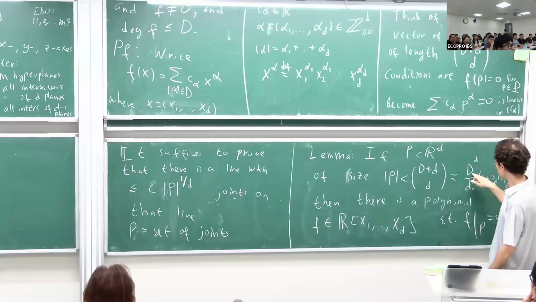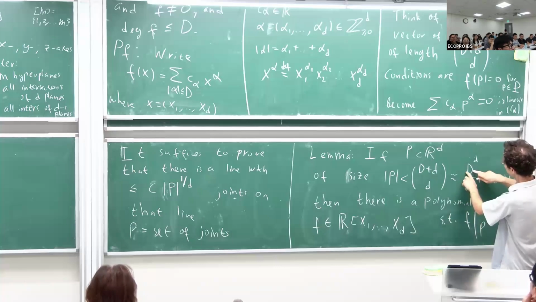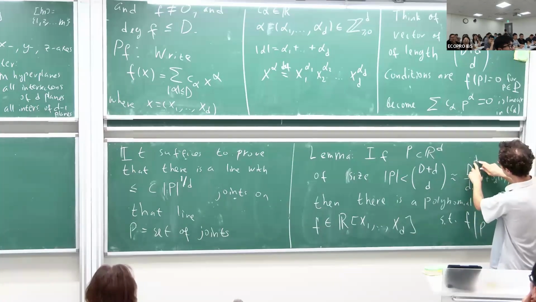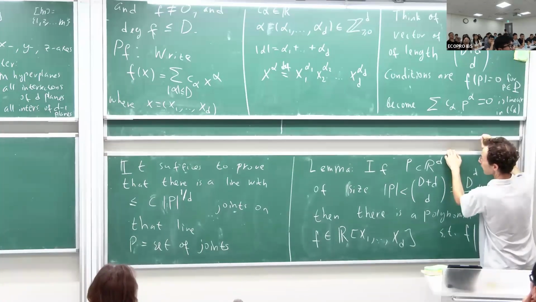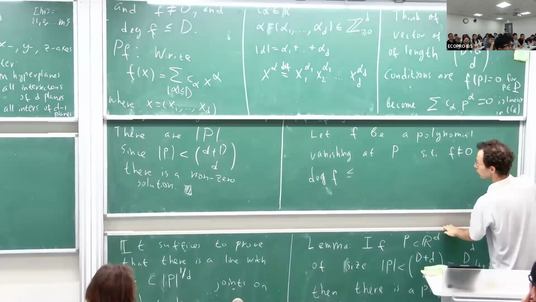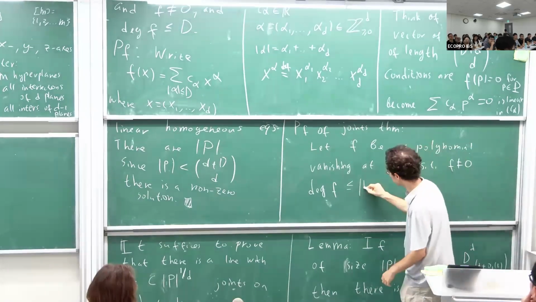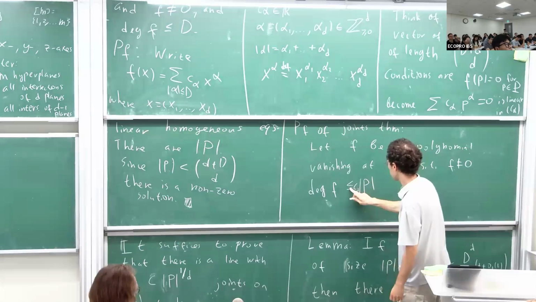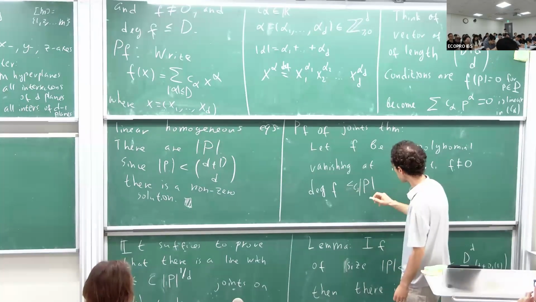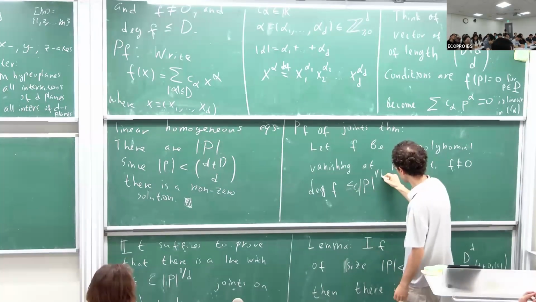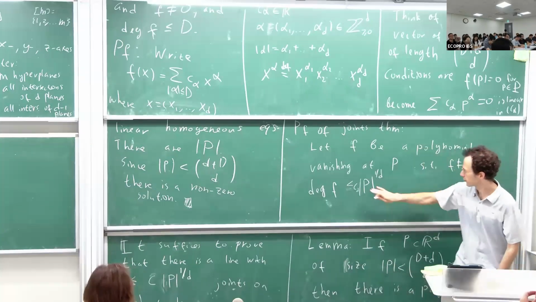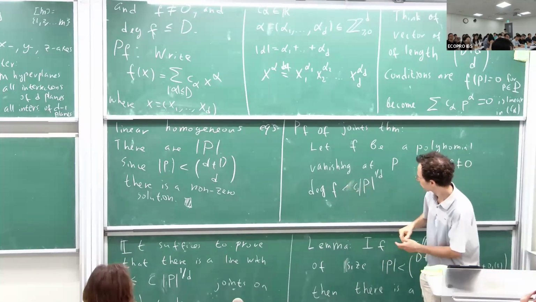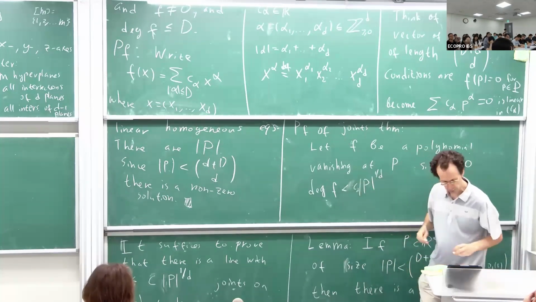So I can find a polynomial whose degree is some constant to the power 1 over d times the number of points.